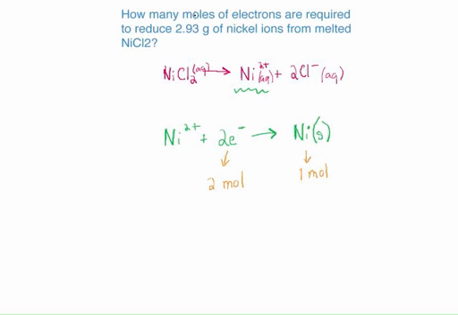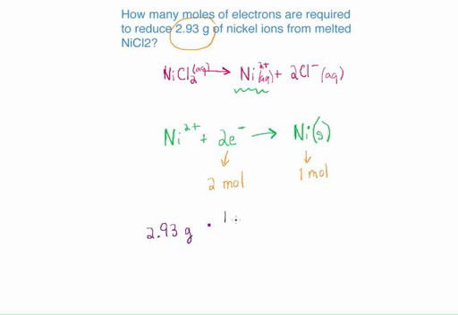So before we can answer the number of moles of electrons required to reduce this number of grams, we have to get this number in terms of moles. We always want all of our units to match. So there's a really easy way to do that, as you guys already know. You start with your 2.93 grams, and then you look up the molar mass of nickel. Well, I've already done that.